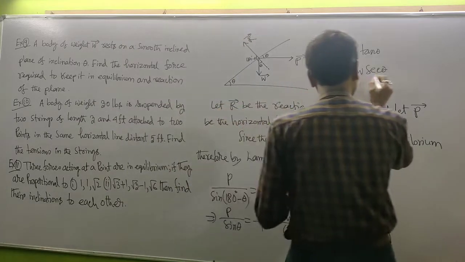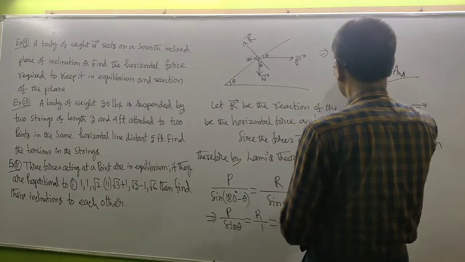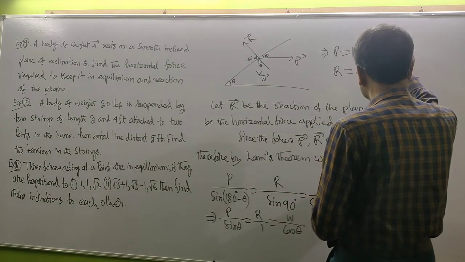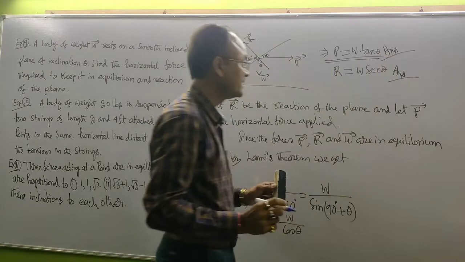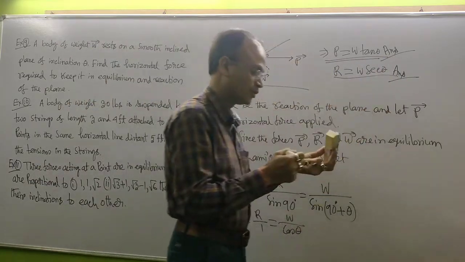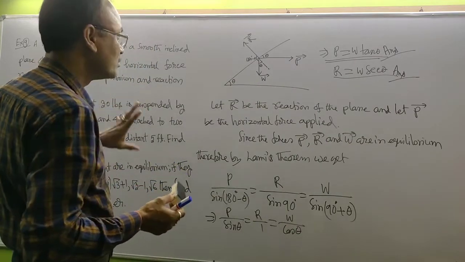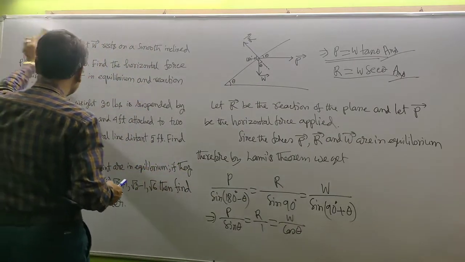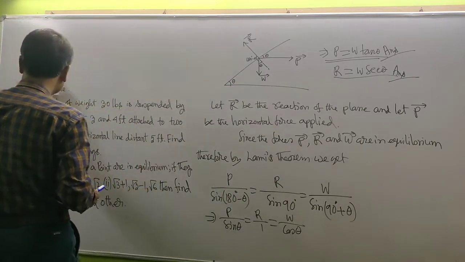Therefore, this is the normal reaction of the plane, and the horizontal force applied is W tan theta and the reaction is W sec theta. Therefore, question number 9 has been solved here.